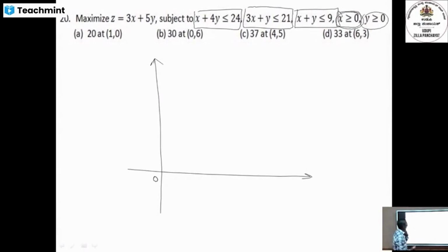So let us consider the first equation, x plus 4y less than or equal to 24. Solve the equation. Here x is equal to 0, y will be 6, somewhere here. Taking it here will cause a little problem. One second.